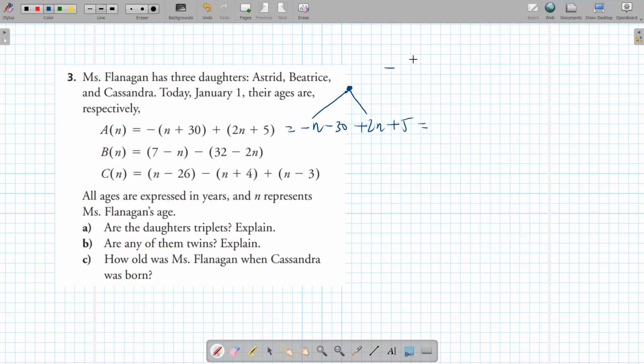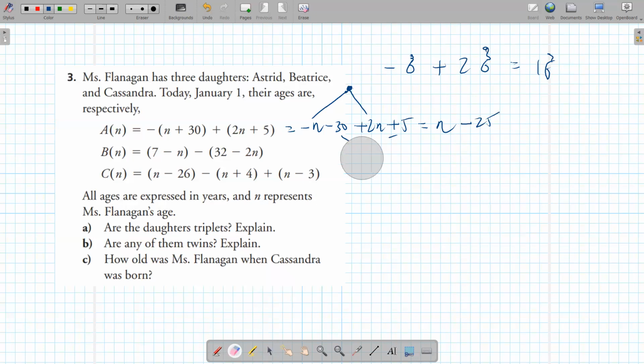You lose 1 apple, right? You gain 2 apples. How many apples do you have? 1 apple. Same idea. Negative n plus 2n is n. What's negative 30 plus 5? Negative 25. Yes, easy as that.